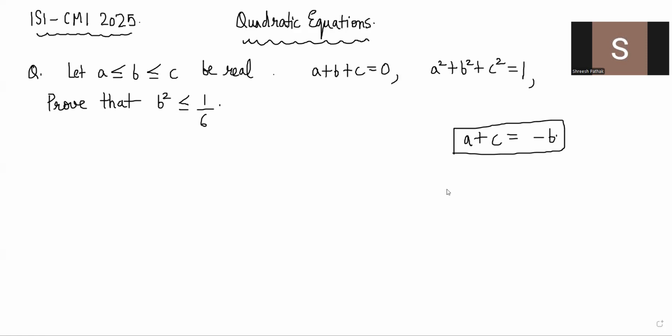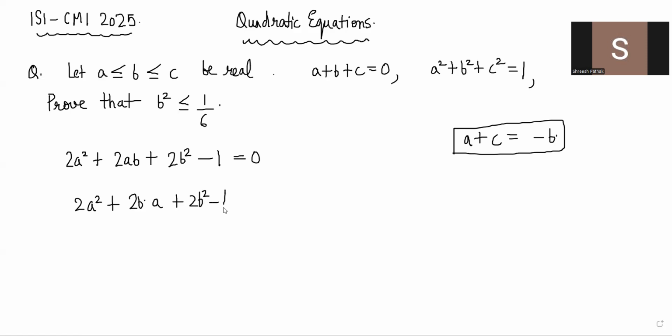The equation coming is 2A square plus 2AB plus 2B square minus 1 equals 0. We have to prove B square is less than 1 by 6. So we can think of it as a quadratic in A.